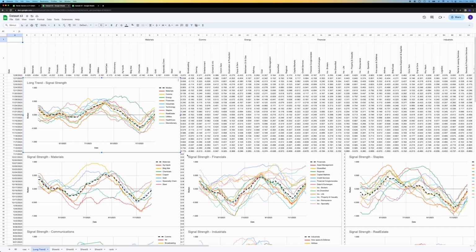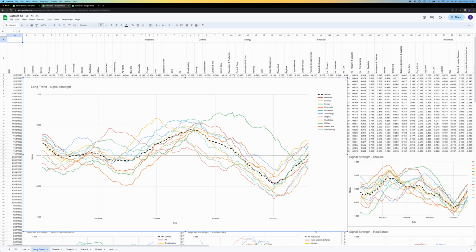So this is just the sectors and their scores, and this median score, the black dotted line, is the median score of all 500 tickers in the S&P 500. As you can see, as we came into Halloween and the start of November, almost everything except for energy, which was on its way down, was at a really depressed level.